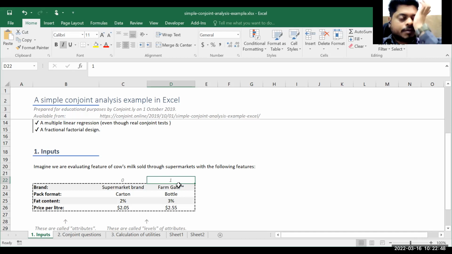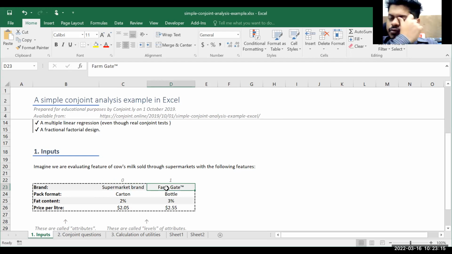Let's say supermarket brand, Farmgate, and another, say Walmart or a local brand. In that case, I would have created one more dummy coding, one more 0 or 1 would have come. But because I have a very simple example, I have only 2 choices. One of them I am choosing as 0, one of them as 1. Why is this important? When we put that into regression, we'll come to know.